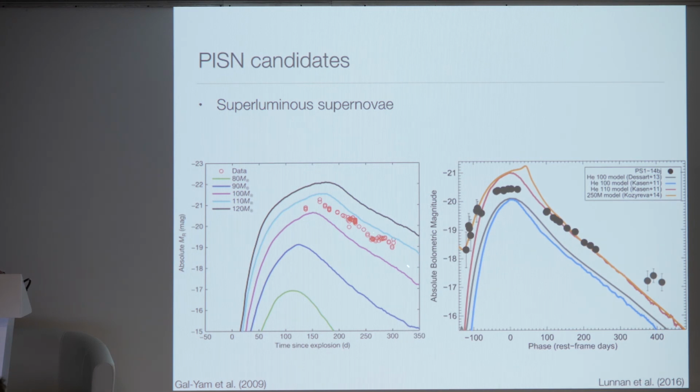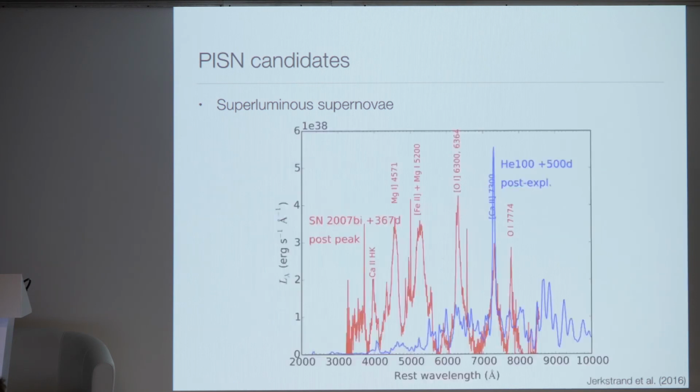They kept observing and found this spectrum. And this blue line is what the theory predicts, from the peak and after the explosion.